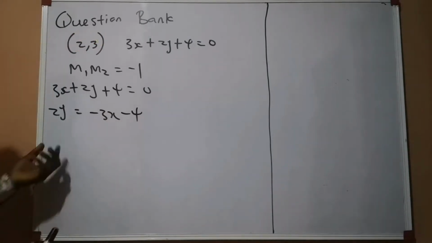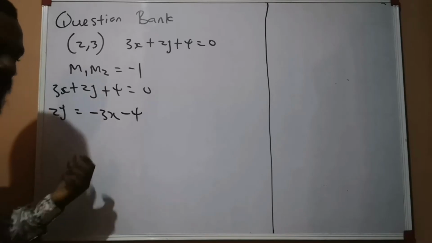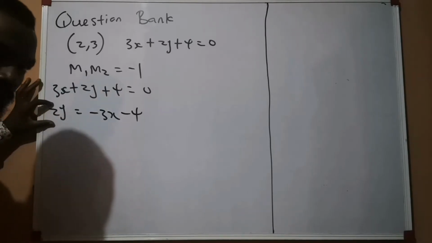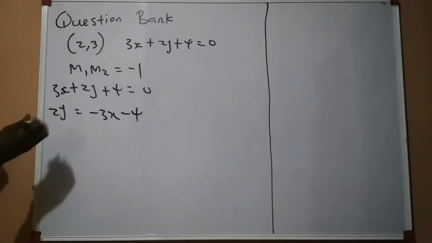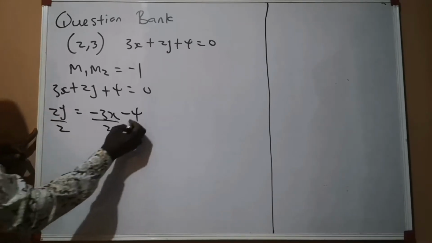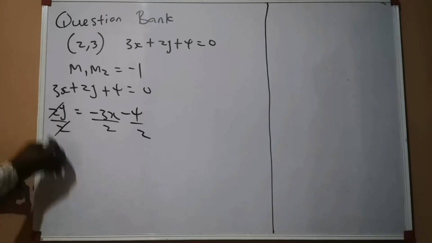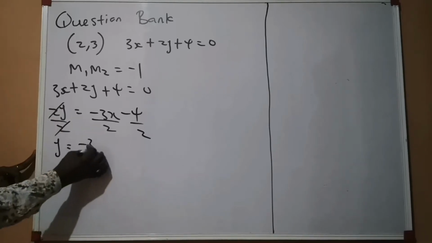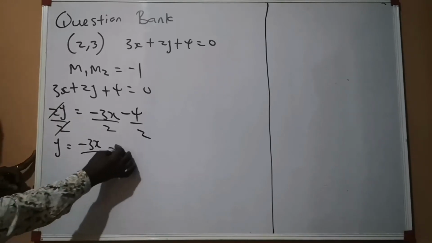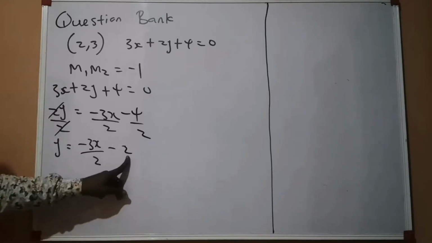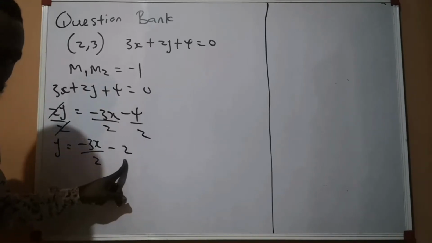Now the next thing is that, for us to make y the subject of the formula, we have to divide both sides by 2. So here becomes over 2, here becomes over 2, and here becomes over 2. Now, when 2 cancels 2, I have y = minus 3x over 2 minus 2. Now, how did I get this 2? 4 divided by 2 is 2.